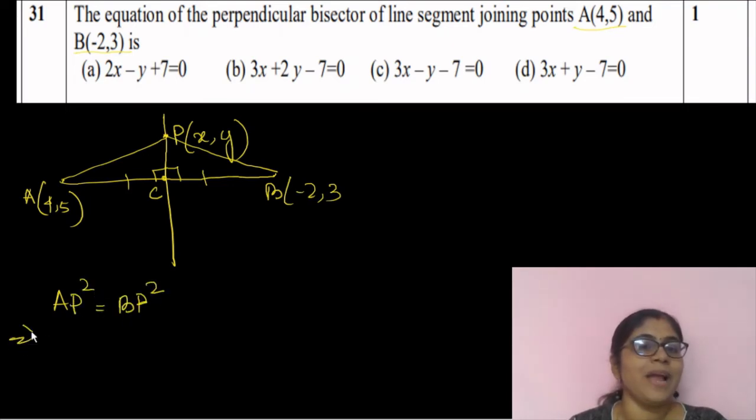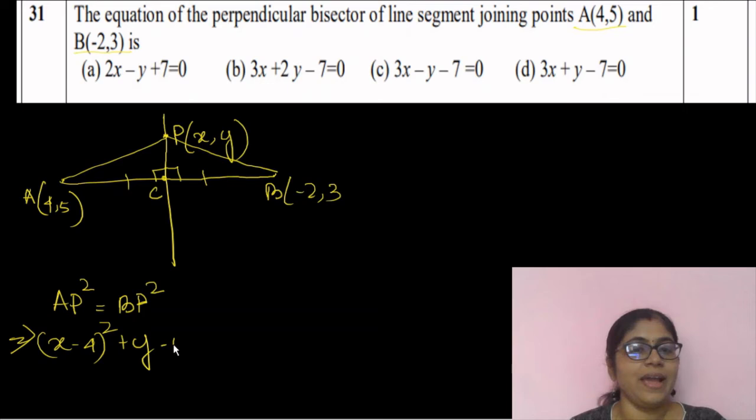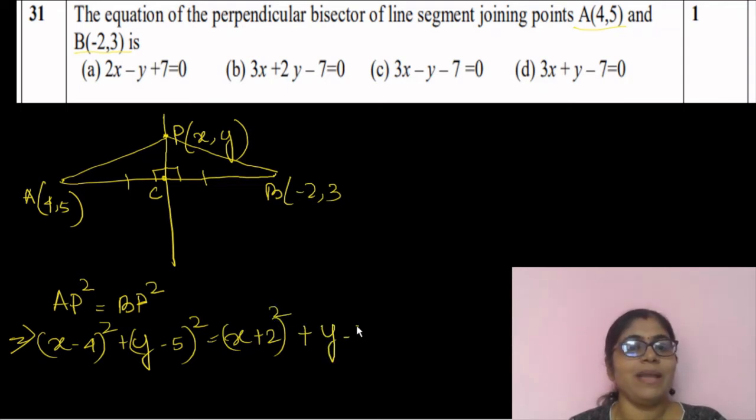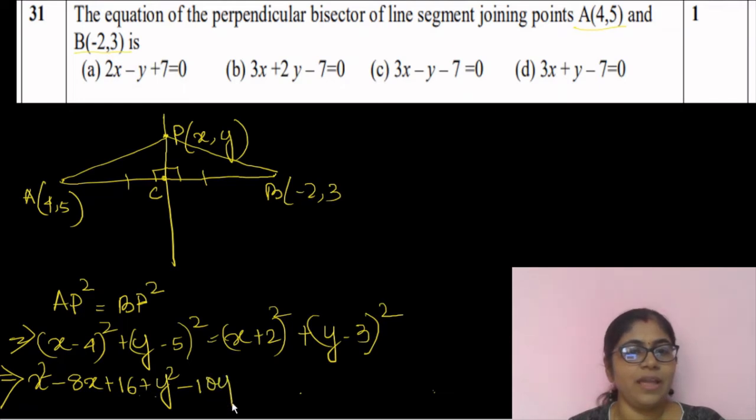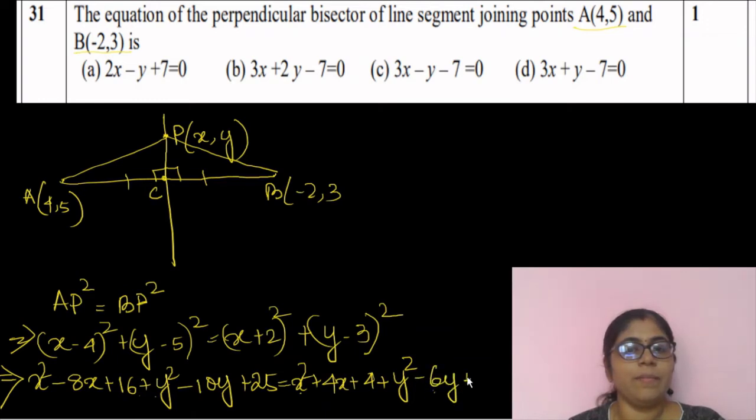So this implies that (x minus 4) whole square plus (y minus 5) whole square equals (x plus 2) whole square plus (y minus 3) whole square, implies that x square minus 8x plus 16 plus y square minus 10y plus 25 equals x square plus 4x plus 4 plus y square minus 6y plus 9.